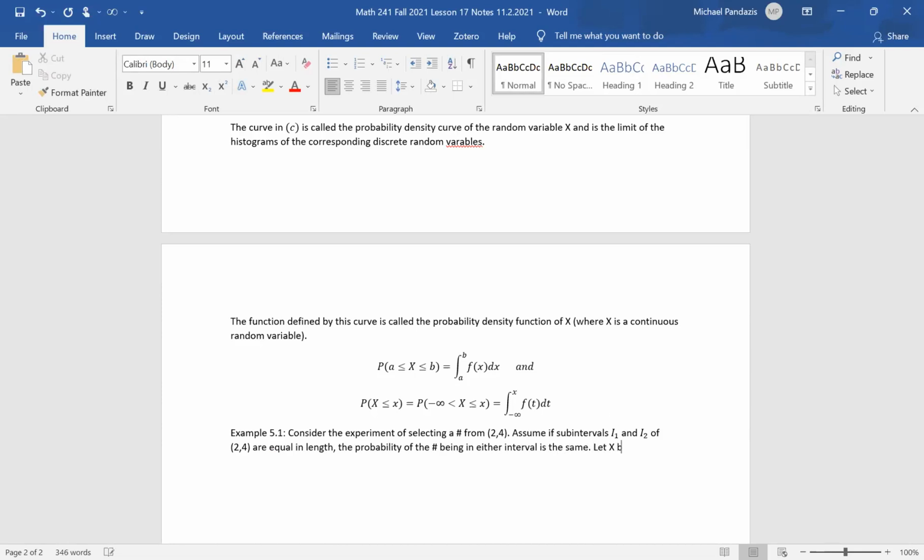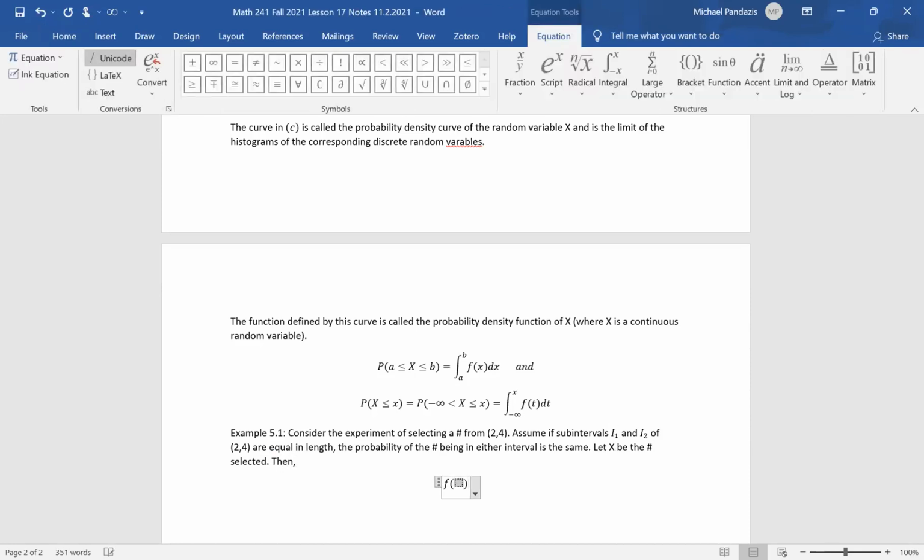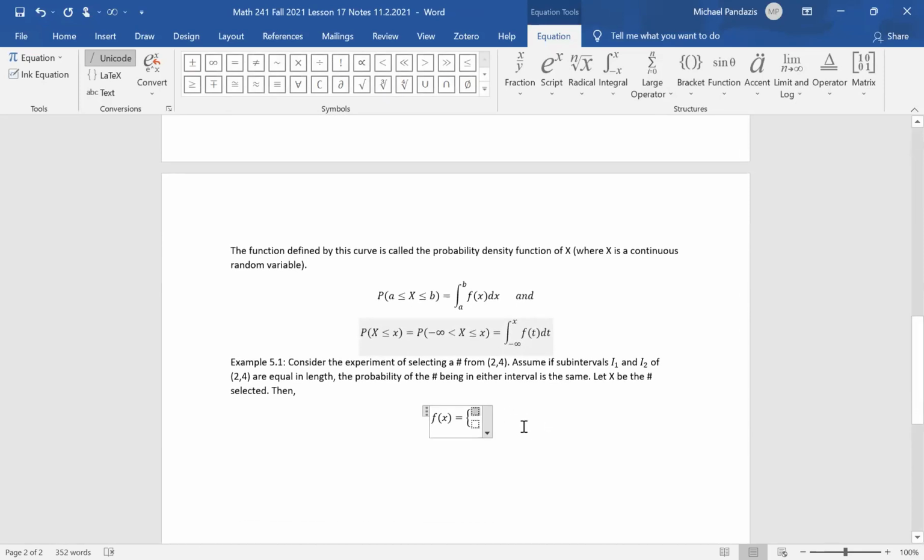Let capital X be the number selected. Then little f of x, the PDF for this function, is going to equal 1/2 for x values between 2 and 4, and 0 elsewhere.